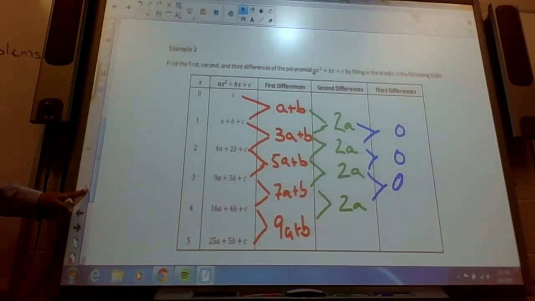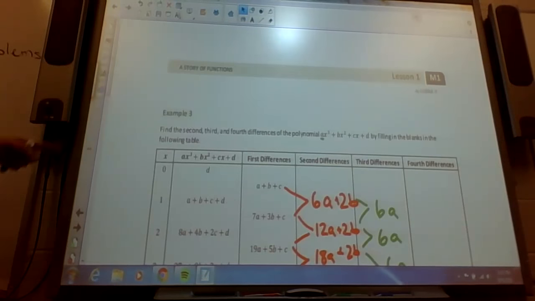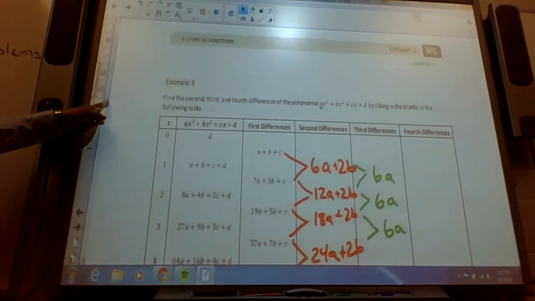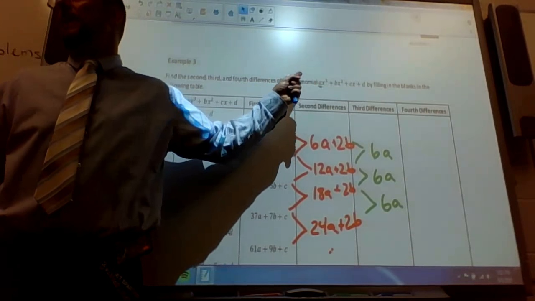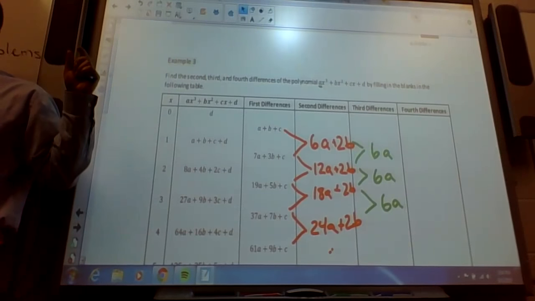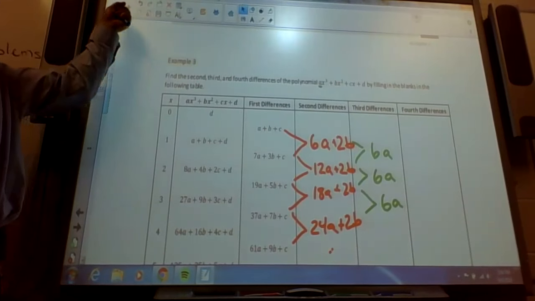It's this table. The third difference of a cubic is always what? 6 times what? The a. What is a? It's the number in front of my x cubed, right?